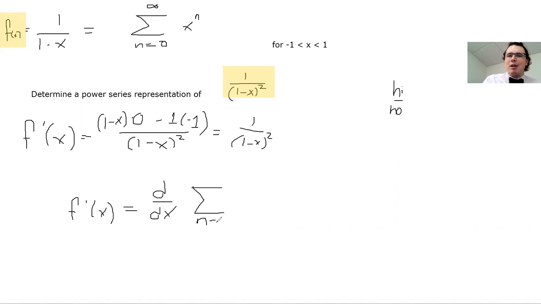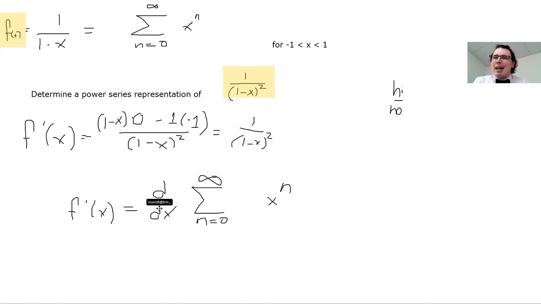So this is something that is very special about power series in their interval of convergence. I need to be very careful about how I say this. The trick I'm going to do next only works for power series.